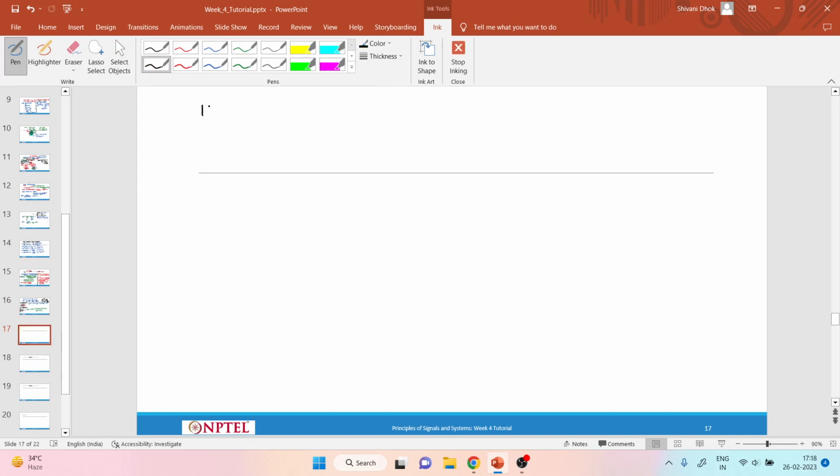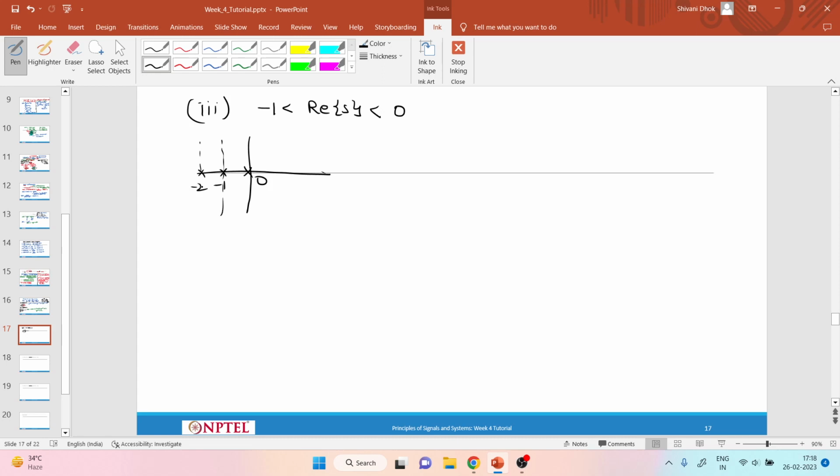So the third case that I'll consider is the case when my region of convergence is something like this. If I draw it, I'm having a 0 here, minus 1 here, and minus 2 here.